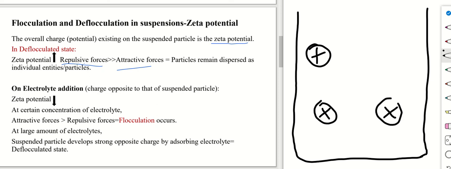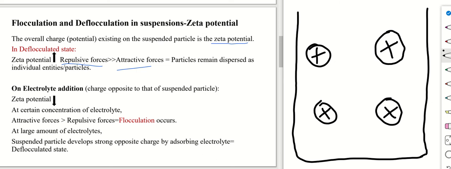Because of the charge possessed by each particle, they will experience repulsive forces. The repulsive forces are more when compared to attractive forces, and hence the zeta potential will be more, and all the particles will exist as individual entities.